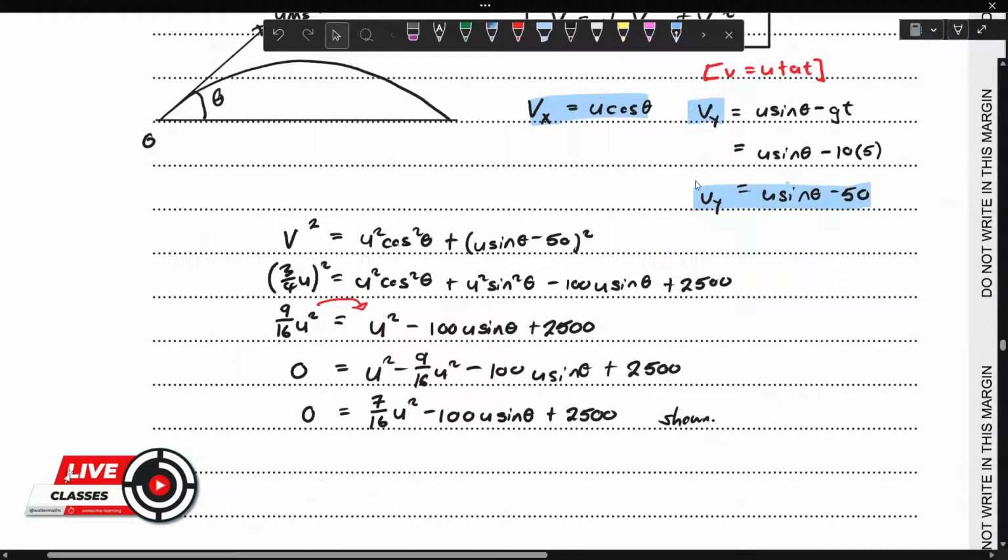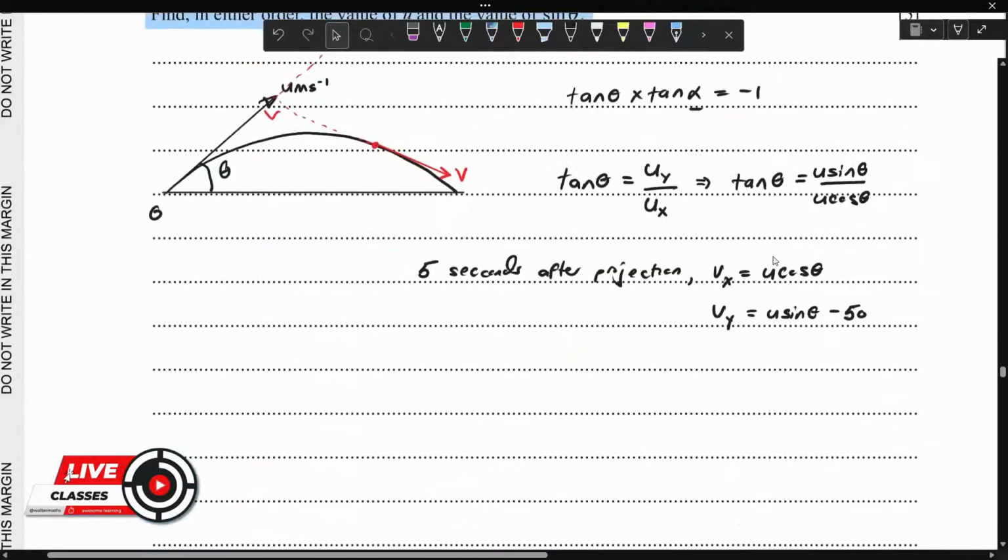We had gotten that earlier. So basically, tan alpha is equal to u sine theta minus 50, over u cos theta.